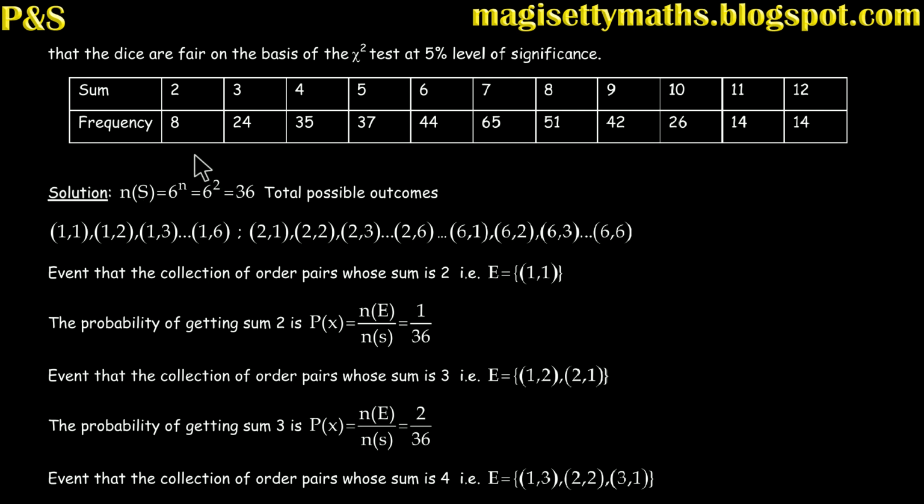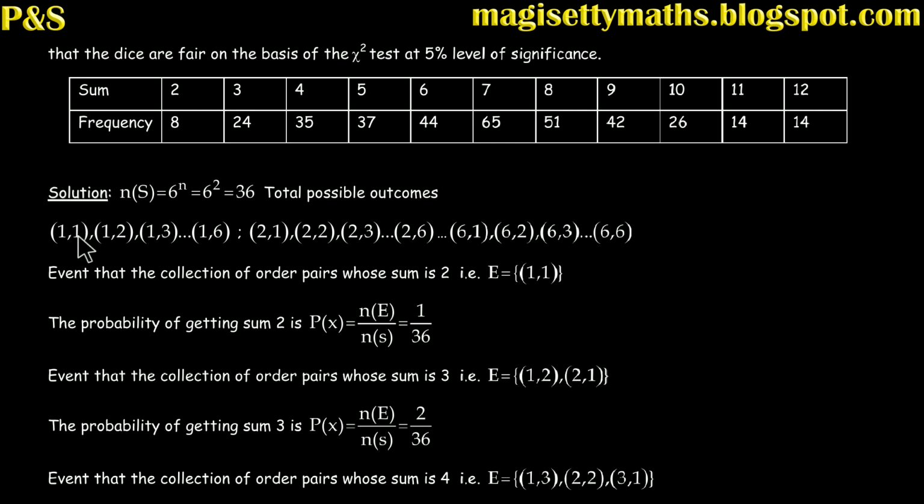Now evaluating the probability of getting sum 2. The probability definition is P of X equals n of E by n of S. Here n of E is the number of favorable outcomes, n of S is the total possible outcomes. Now if you observe, E is the event that contains the ordered pairs whose sum is 2.